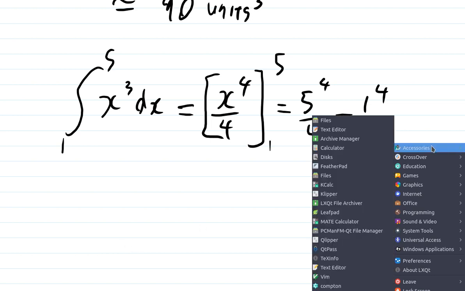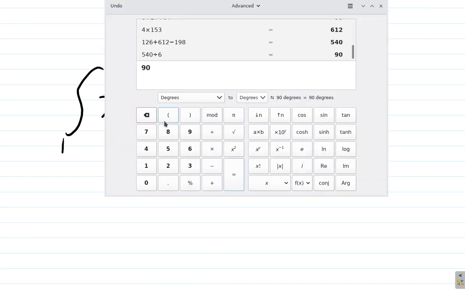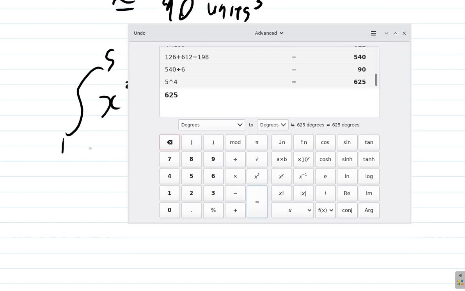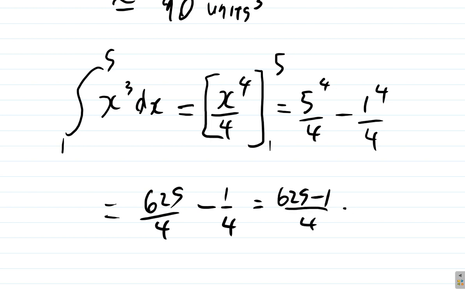Then what is 5 to the power of 4? Five raised to the power of 4 equals 625. Right? So it's going to be 625 over 4 minus a quarter. Now, this of course will be the same as 625 minus 1 over 4, which is 624 divided by 4.